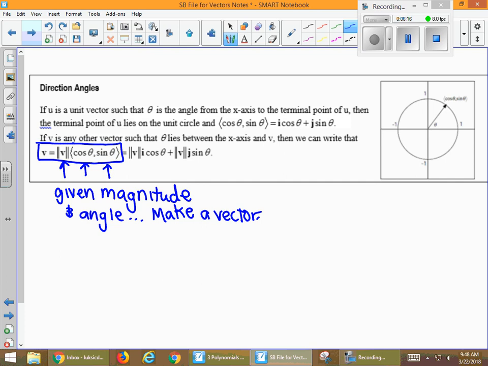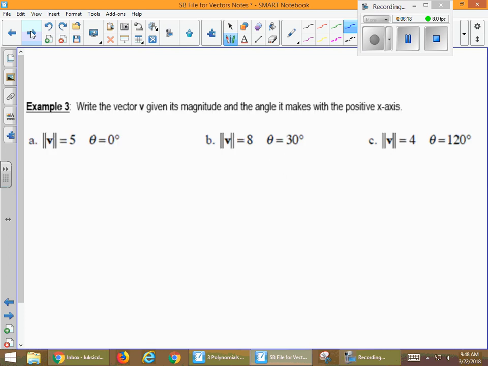Let's bust through these, and then we're done for the day. So if our magnitude is 5 and our angle is 0, my first step is going to be this. 5 cosine of 0, sine of 0. This is degrees, although 0 radians is the same. This is the unit where degrees happen to us.